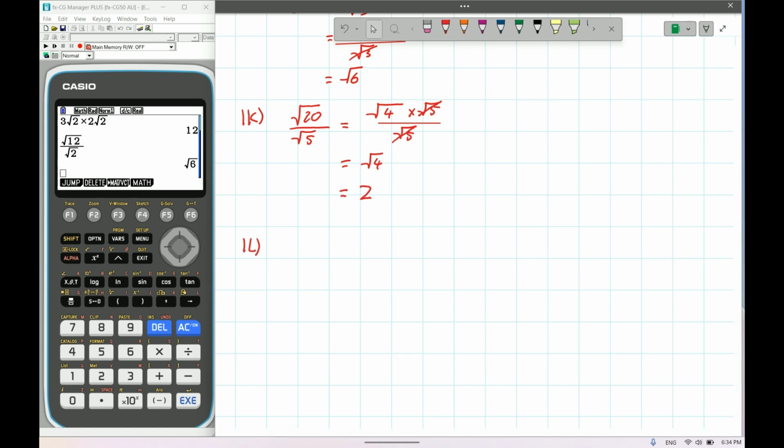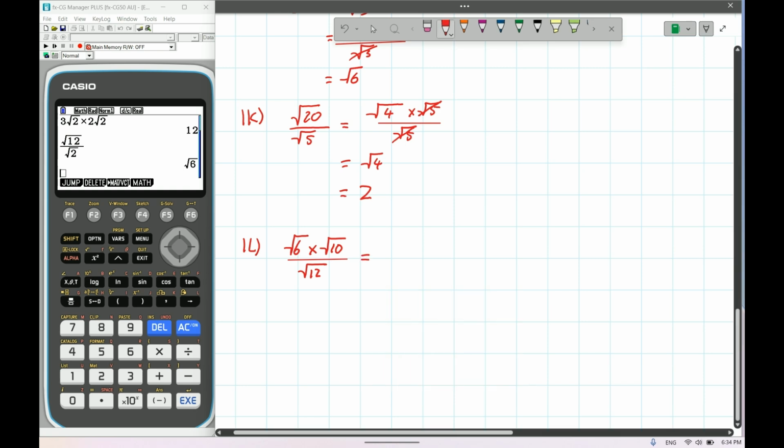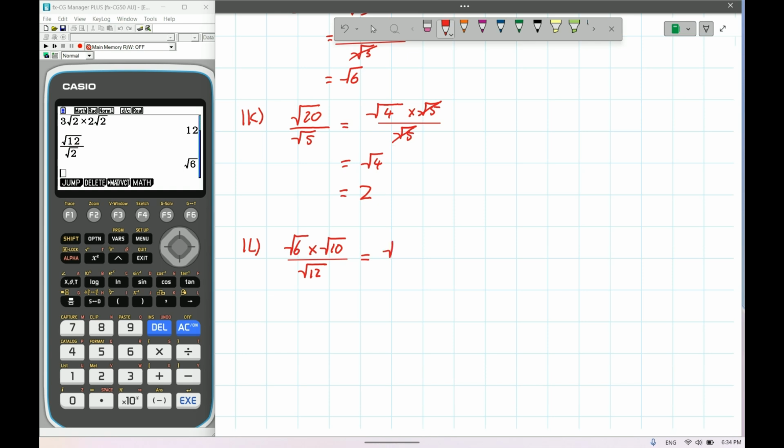Then we've got 1L. So what do we have? We've got root 6 times root 10 all over root 12. Okay, cool. There are a few ways that we can do this. Let's just do it in parts. This is the way I'm going to do it. I'm going to break up the square root 12 as square root 2 times square root 6, because the 2 and the 6 will make 12.